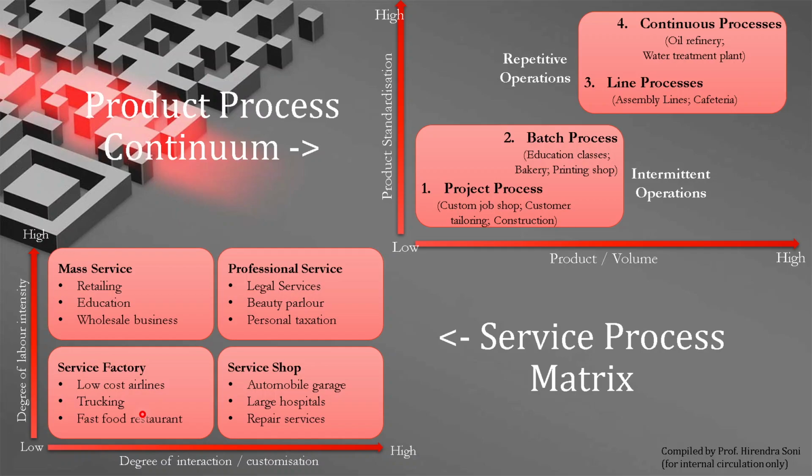Okay, but the same thing when we talk about a restaurant, there is a customization. So degree of customization would be higher when we talk about a restaurant, but not a fast food restaurant, a regular restaurant. In case of a fast food, the products are quite defined.